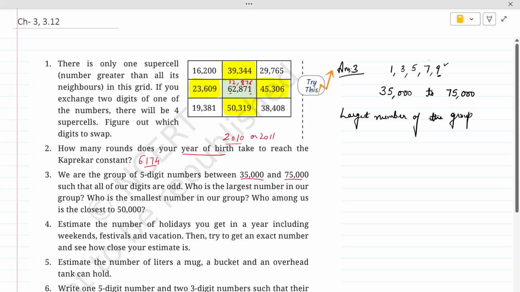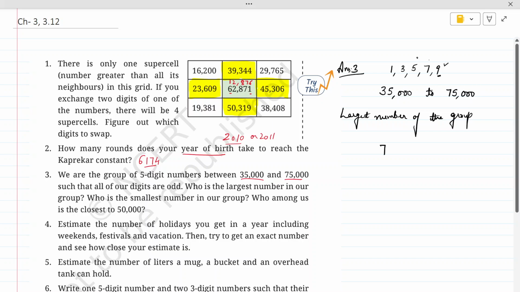So the first digit I will take here is 7. For the next digit, if I take 9, because I have to form the largest number, then it will be 79,000 something, which will again be out of this range. So I cannot take 9. If I take 75, then with any other digits, again it will fall out of my range.